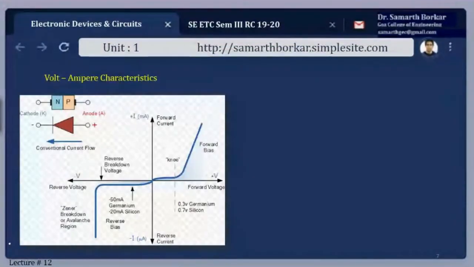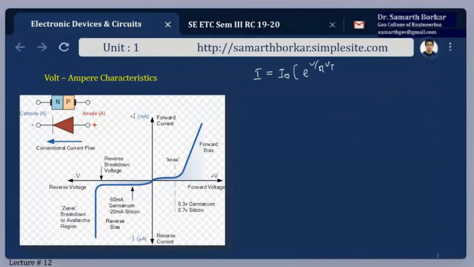So we are having an equation I equals to I naught (e raised to V by eta Vt minus 1). I'll explain what is this eta.